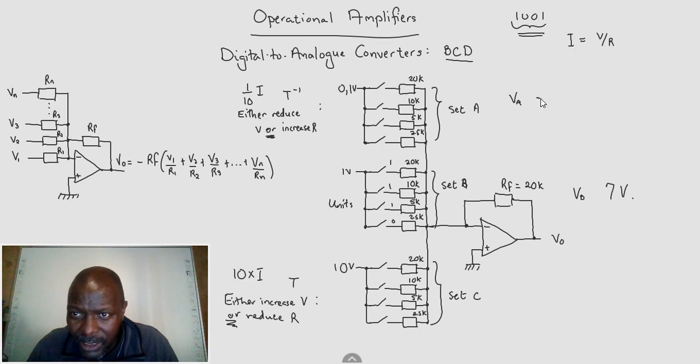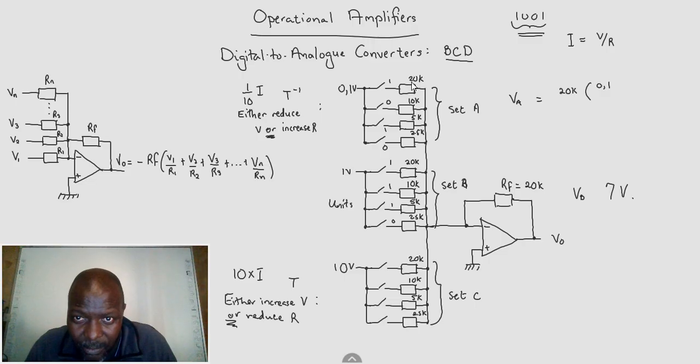V for set A is simply going to be, let's say we have 0, 1, 0, 1. You have your RF being 20k into your voltage being 0.1.